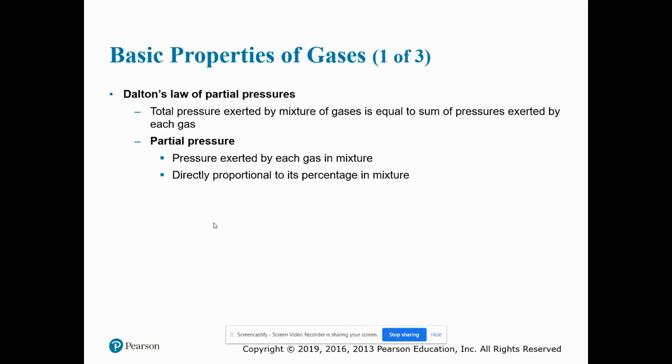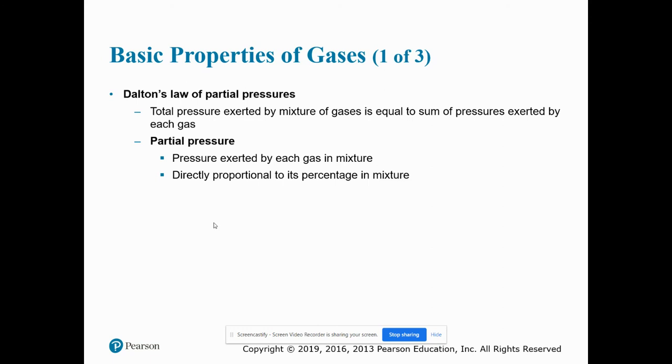Now we're going to talk about some basic properties of gas, starting with Dalton's law of partial pressures. This law states that the total pressure exerted by a mixture of gas is equal to the sum of pressures exerted by each gas. If you have air, it's composed of nitrogen primarily, then oxygen, then CO2, some water vapor, and a number of other gases.